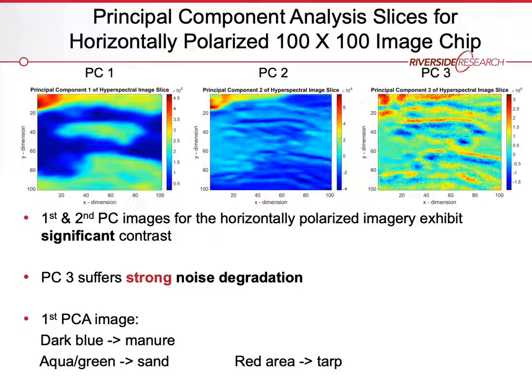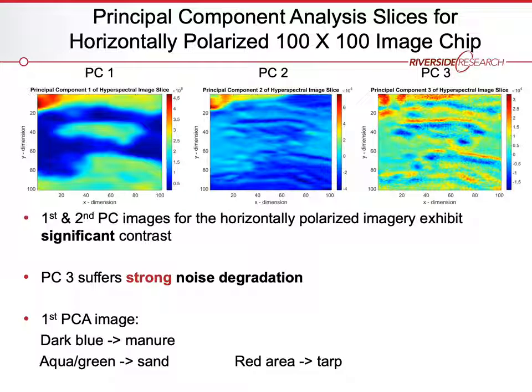The same sort of principal component analysis was done for the horizontally polarized image chip. Again, we see that the first and the second PC images for the horizontally polarized imagery exhibit significant contrast. Again, in the first PCA image in dark blue, the manure, aqua green is sand, the red area is the tarp.